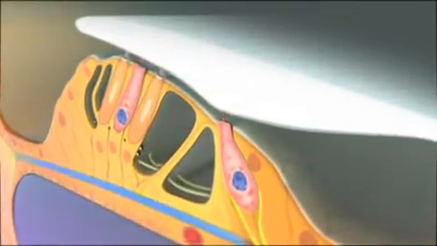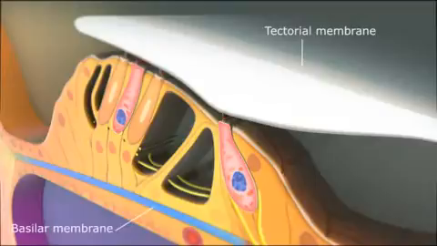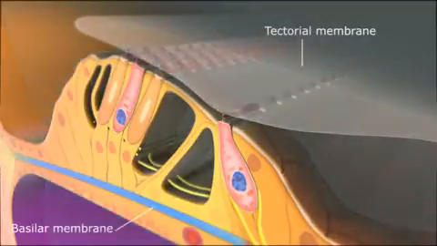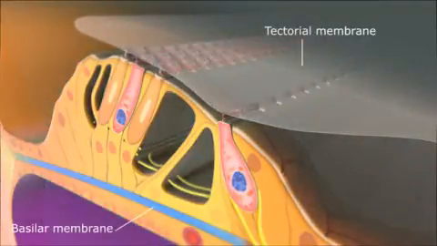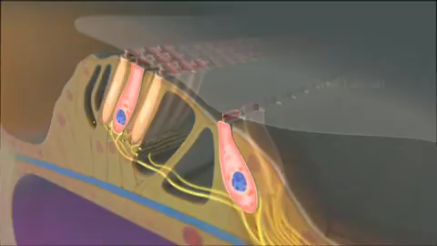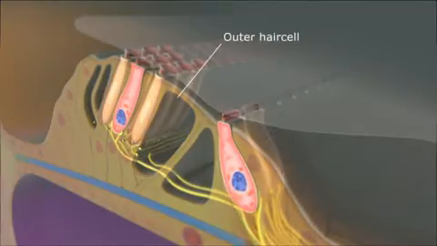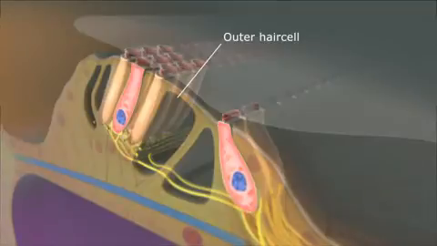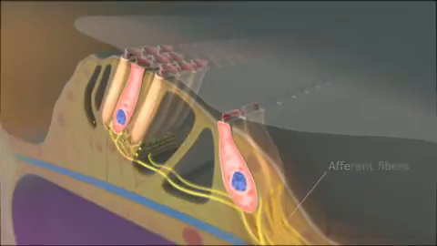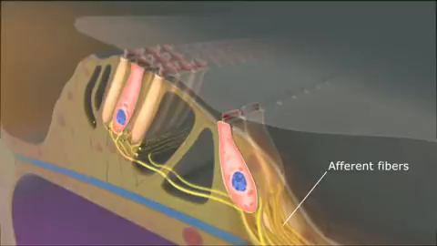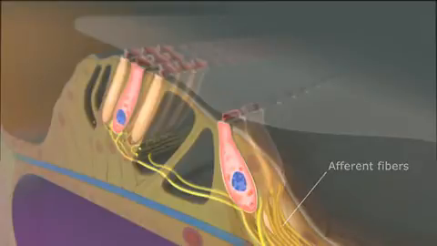The hair cells are located between the tectorial and basilar membranes. Approximately 16,000 hair cells are within the cochlea. There are two kinds of hair cells, inner and outer hair cells. 95% of the afferent fibers are from the inner hair cells, the sensory receptors that communicate with neurons from cranial nerve 8.